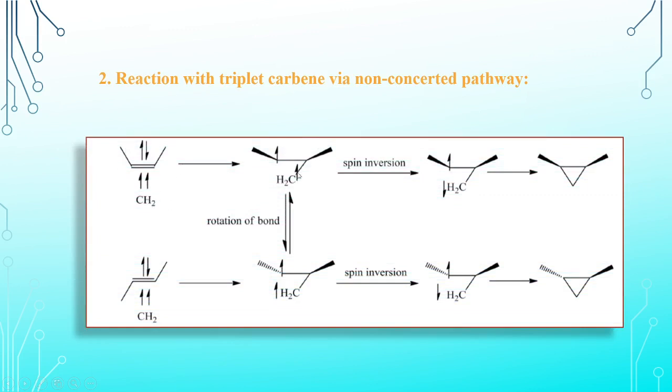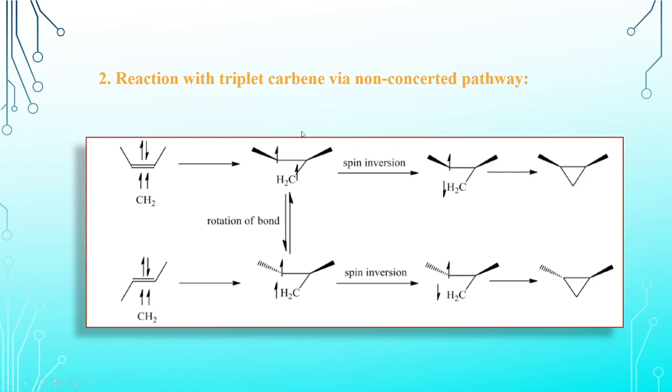In the first step there is a formation of this single bond, and for the formation of the next bond there is a need for spin inversion. The second bond can only form when the two electrons have opposite spin, and the second bond formation occurs when one of the electrons undergoes spin inversion.